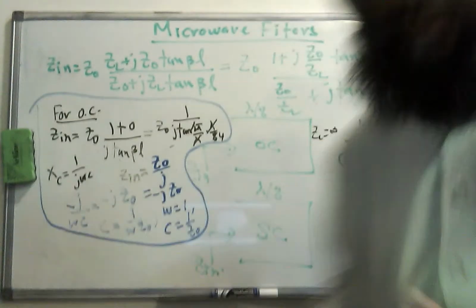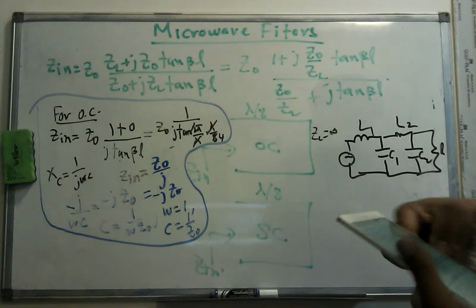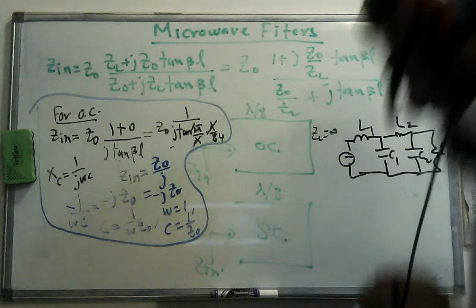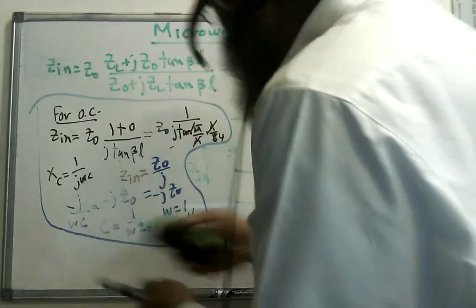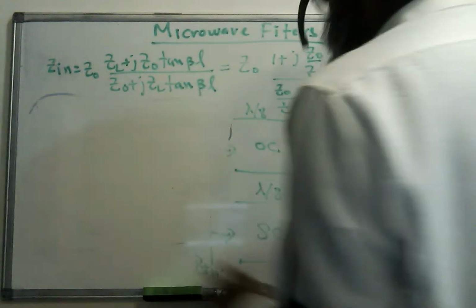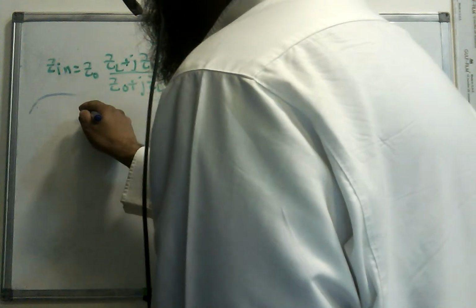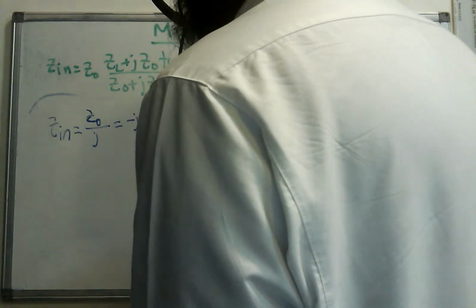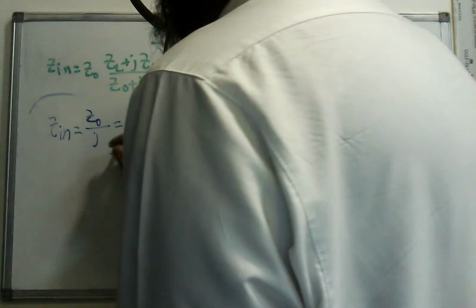I can also now look at the short circuit impedance. Let me just delete some of this so I can find. So from this I can find, yeah, this is equal to j Z in is equal to minus j Z naught, and if I make it equal to XC, which is minus j over omega C, my C is equal to Z naught.